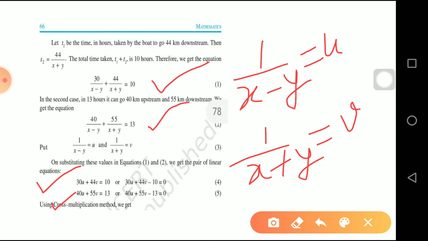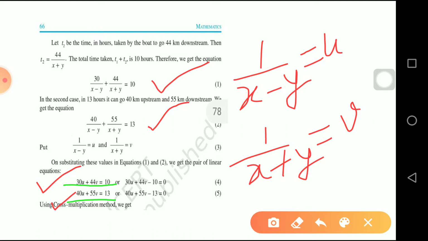Now if you want to find our solutions, the values of u and v, by cross multiplication method we will convert these equations into standard form. 30u plus 44v equal to 10. This is linear equations in two variables. 40u plus 55v equal to 13. This is also linear equation in two variables, but these are not in a standard form.